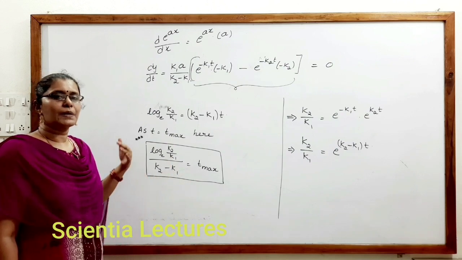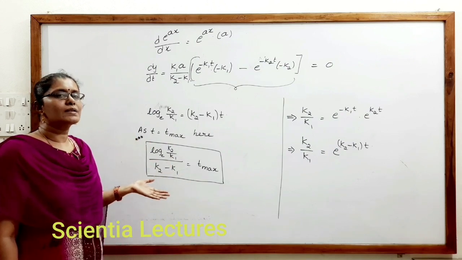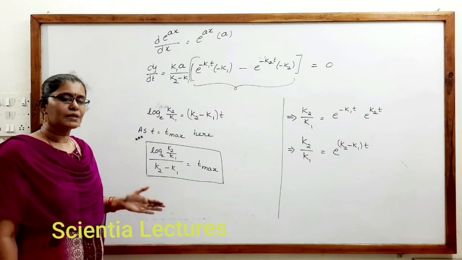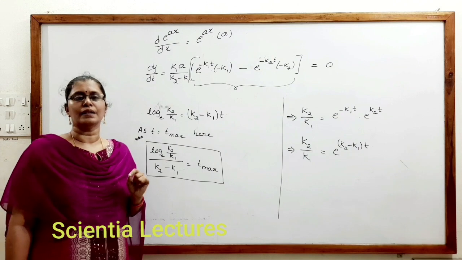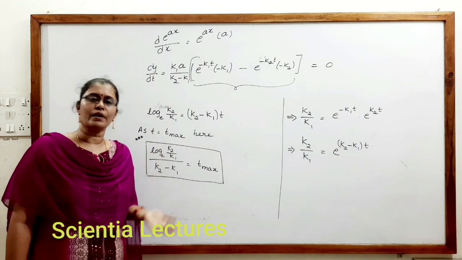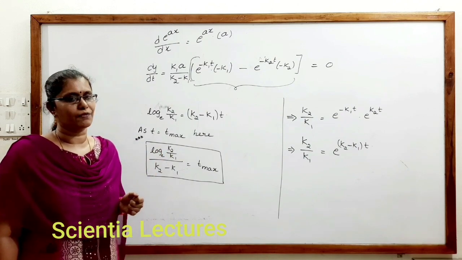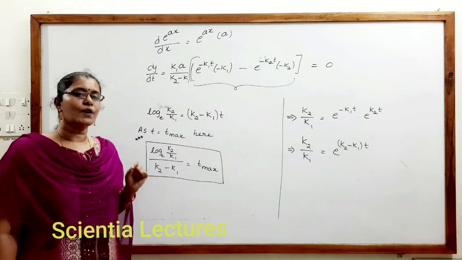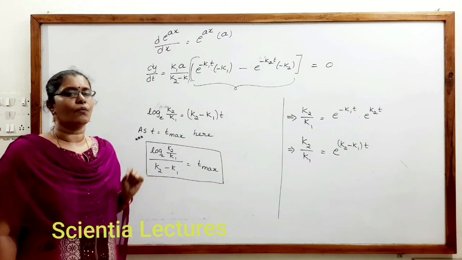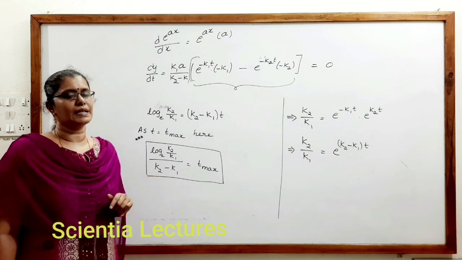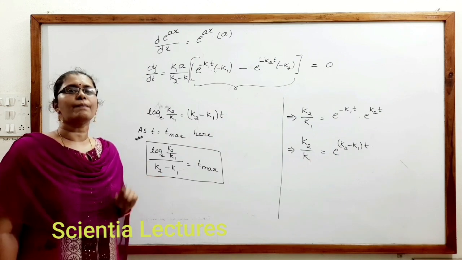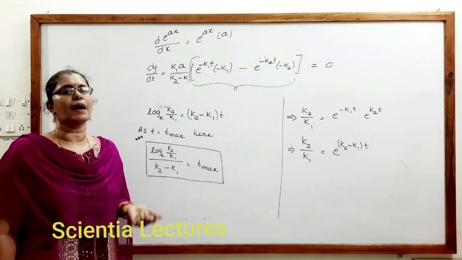So the expression for remaining concentration of A must be equal to A e power minus K1t. That we will get in the first order exponential form equation itself. Remaining concentration of B at an instant, Y, must be equal to K1A by K2 minus K1 into e power minus K1t minus e power minus K2t.